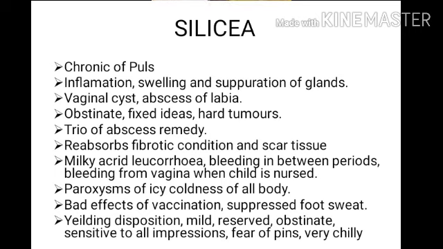Then we can write the other female symptoms of that medicine, the female complaints of that medicine, and then we can write the most important general features of that medicine. This is one method of writing the indication of a medicine in a particular condition.